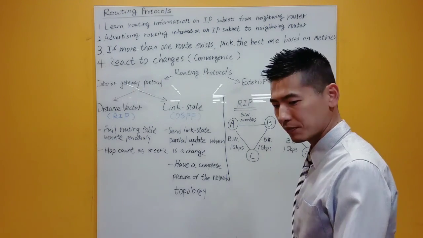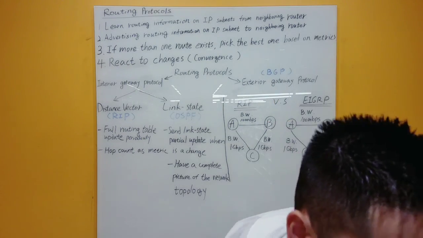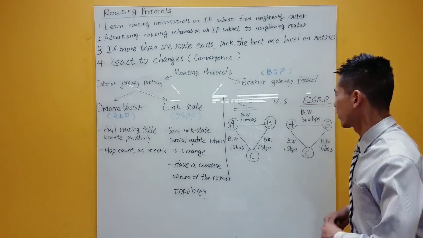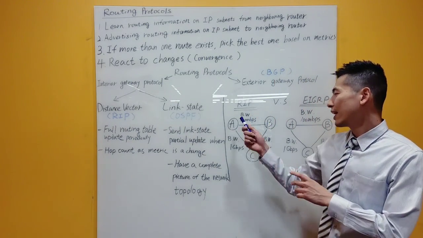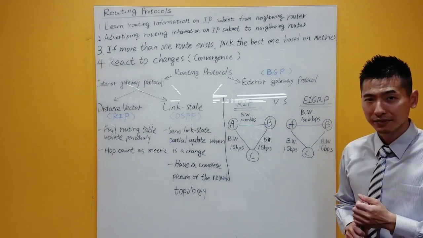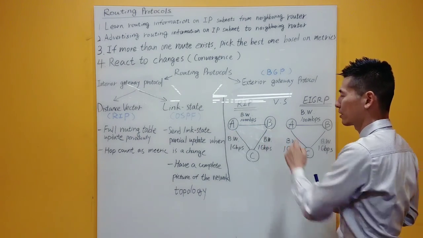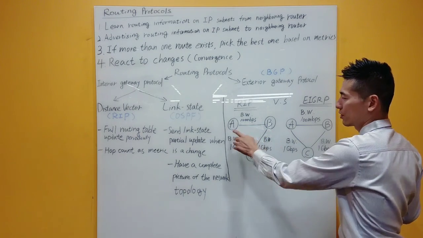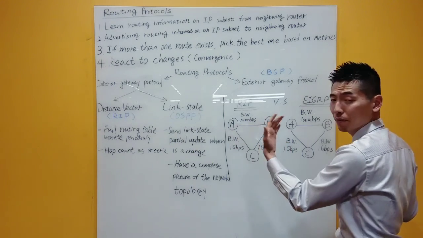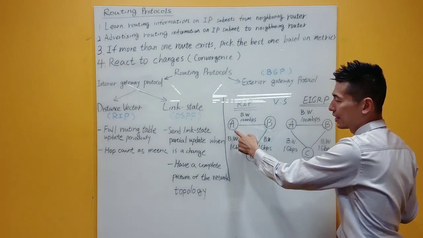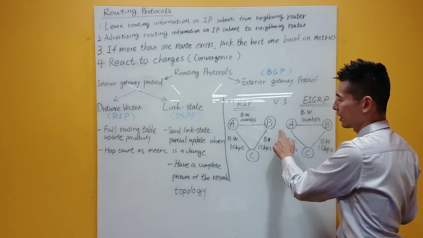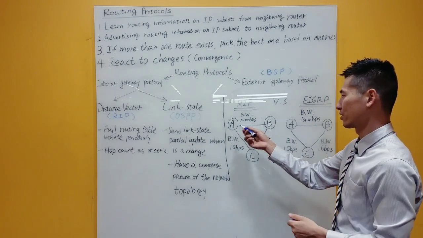Now, let's say we are going from router A to router B. Obviously, there are 2 routes from router A's point of view. Router A can go this way and then up, or router A can just go this way.